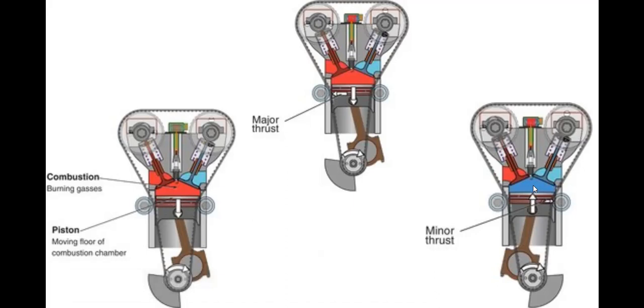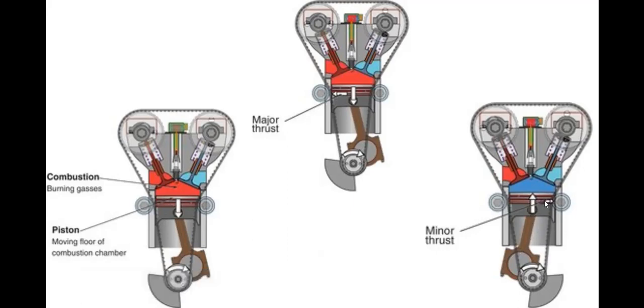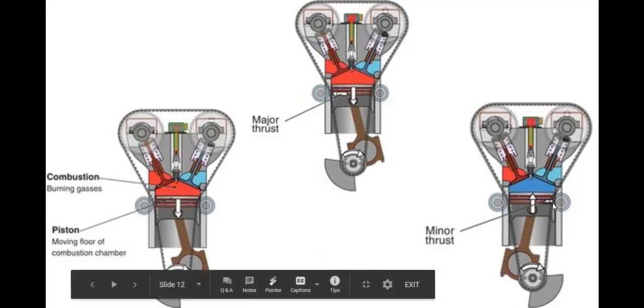There's not any explosion or other forces happening on the upstroke. As the crankshaft continues to rotate clockwise, we're pushing the piston upwards, and the direction of the connecting rod identifies the location of the force. So we have force on the opposite wall, but that's called a minor thrust.